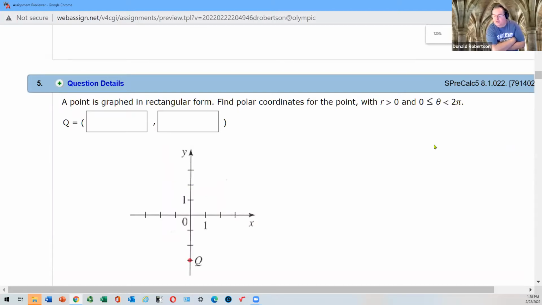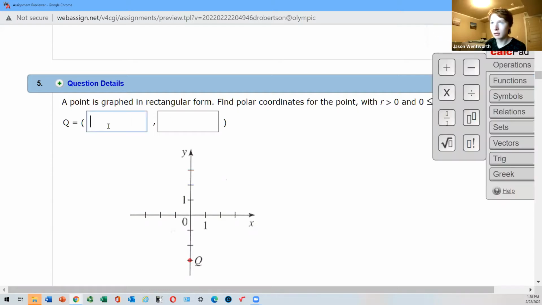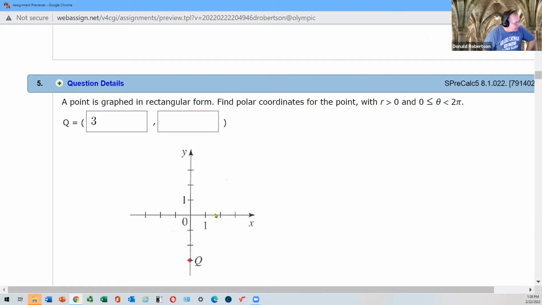How far away from the origin is it? That's the same thing. 3. Yep. 3. Now, you start at the x-axis and you go the usual anti-clockwise direction. So in radians, how big is this angle?